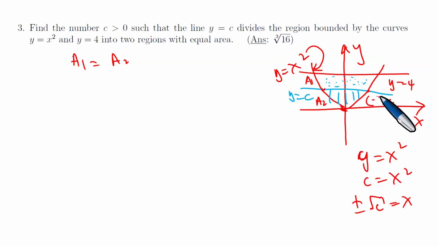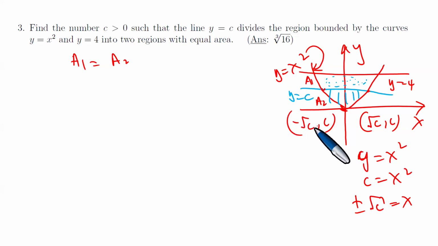So at this point you have positive the square root of c, and here you have minus the square root of c. So now there you're going to deal with this as follows and see what else you need to do.